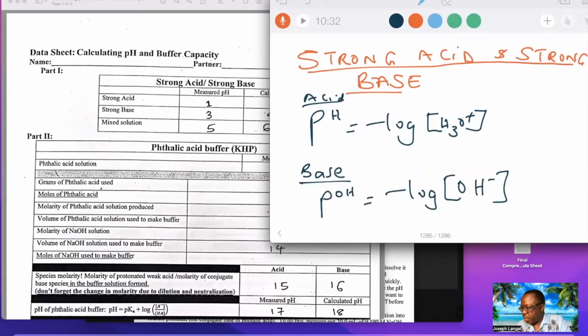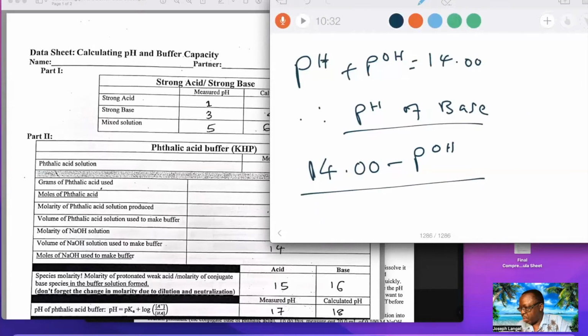Let me number the equations here. Let's say this is equation 1, equation 2, equation 3 here. There will be equations you don't see in the background, but you are expected to know.